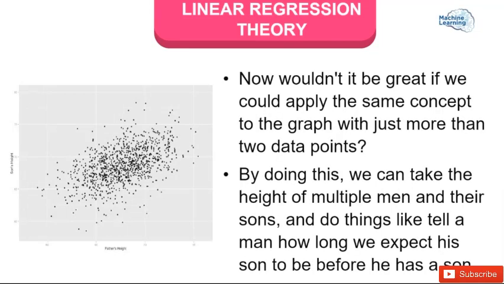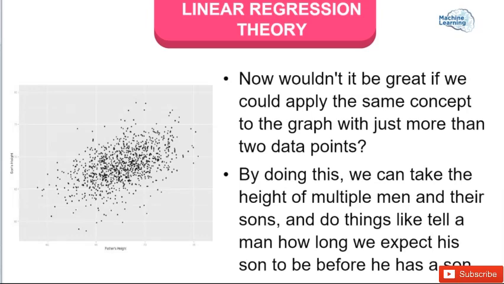But wouldn't it be great if we could apply the same concept to the graph with more than 2 data points? So by doing this, we can take the height of multiple men and their sons and then perhaps predict for a guy how tall his son is going to be even long before he has one, right?